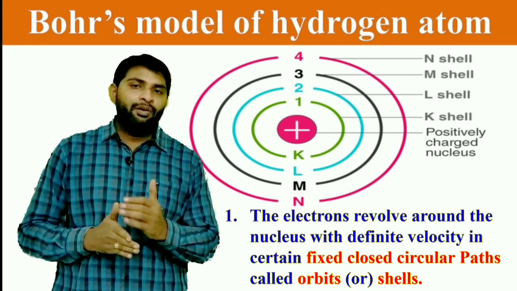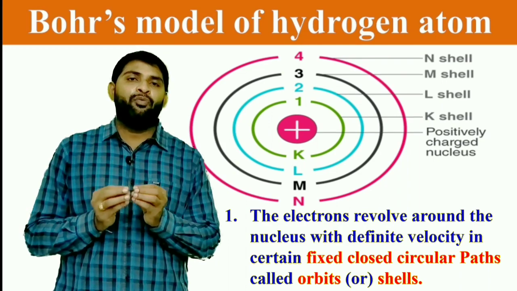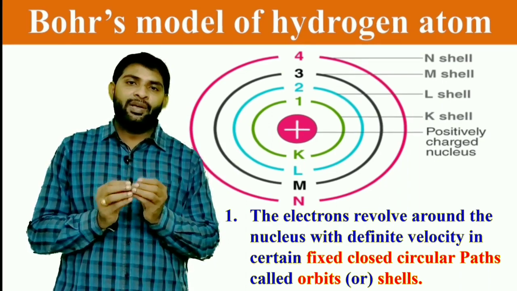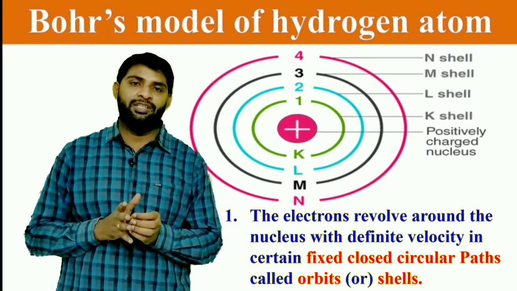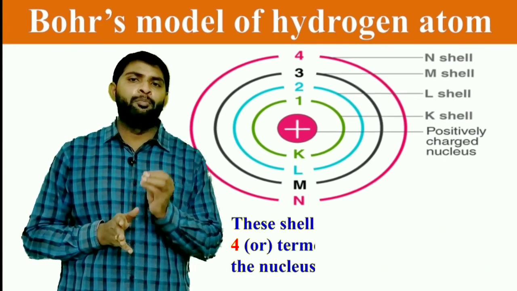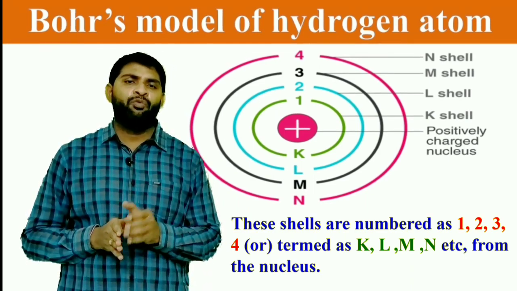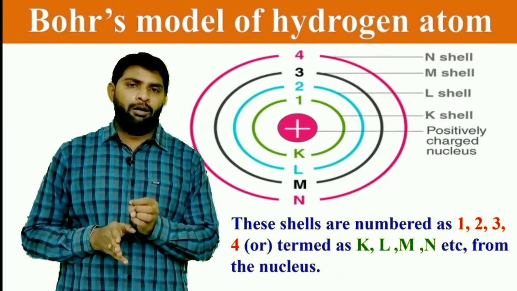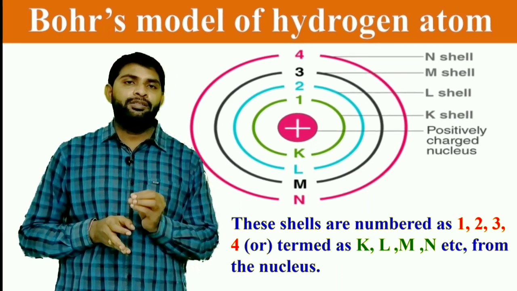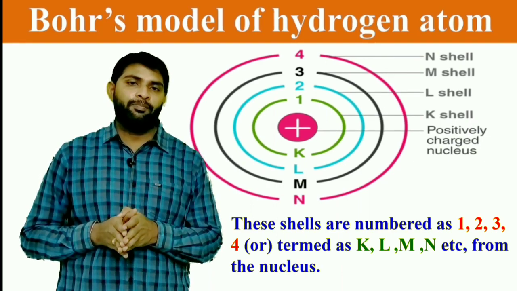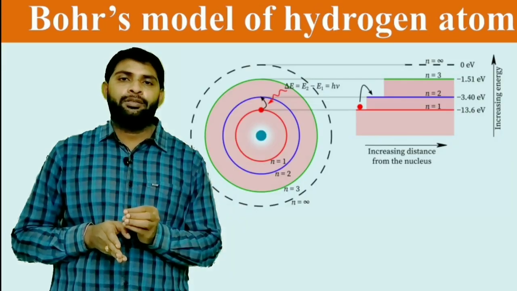These circular paths are called orbits or shells. These shells are numbered as 1, 2, 3, 4, etc., or termed as K, L, M, N, etc., from the nucleus.